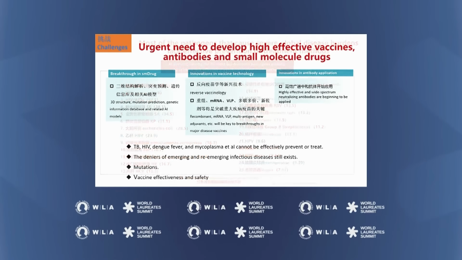At present, there is an urgent need to develop a series of highly effective vaccines, antibodies, and small molecule drugs for prevention and treatment. We are very pleased to see that many breakthroughs have been made since the COVID-19 pandemic.